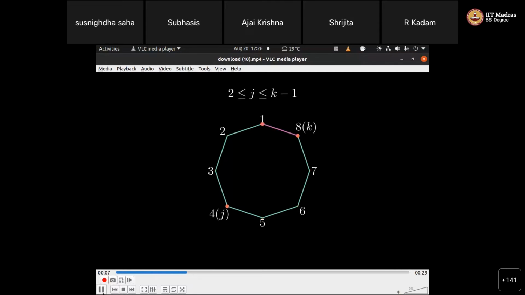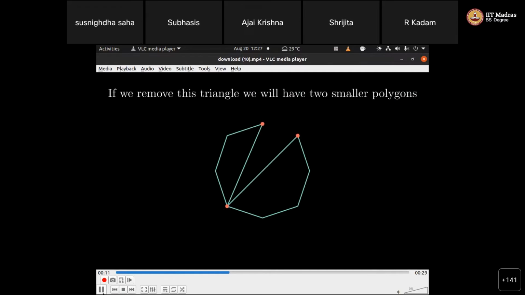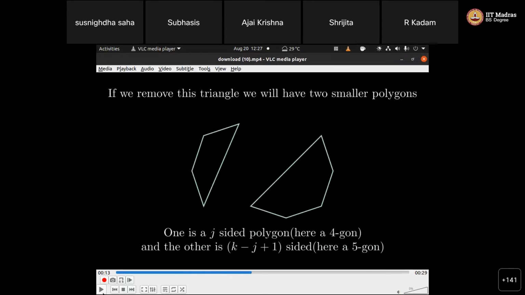So yeah, if we remove this triangle, we'll get two smaller polygons, and we can further decompose these polygons with the help of triangulation. One of these is a j-sided one, and the other is a (k minus j plus 1)-sided one.